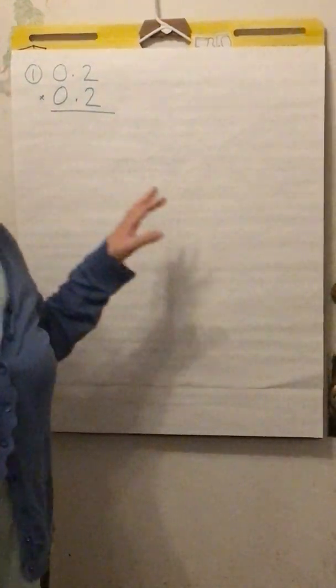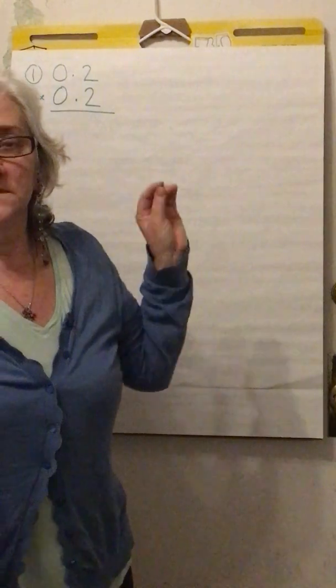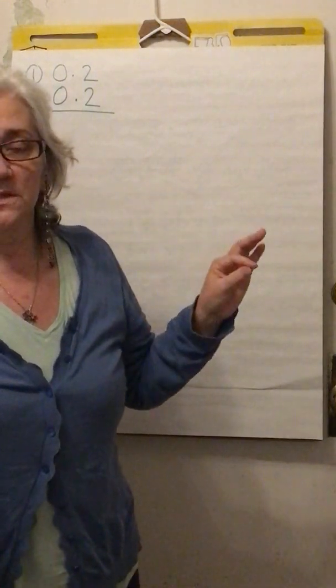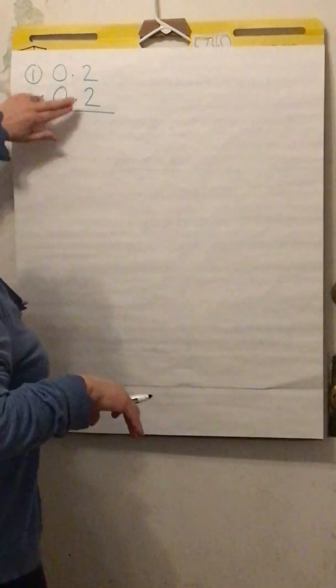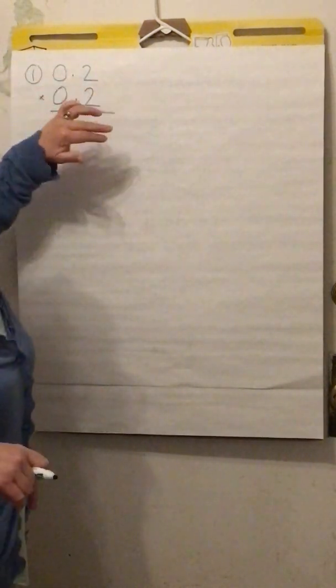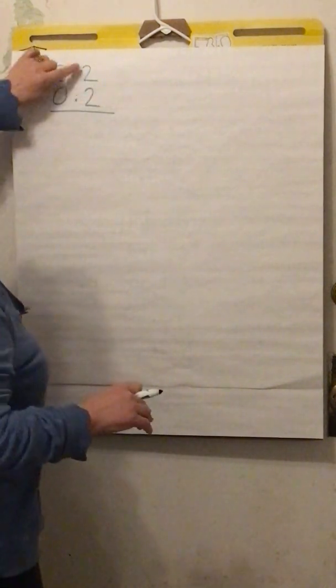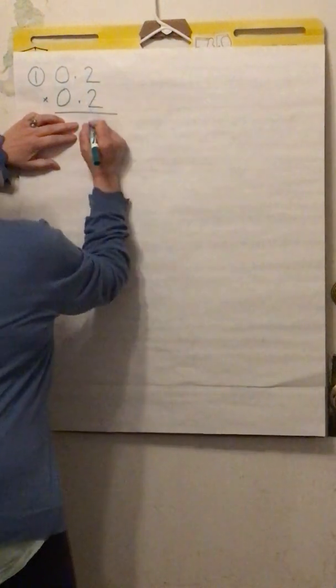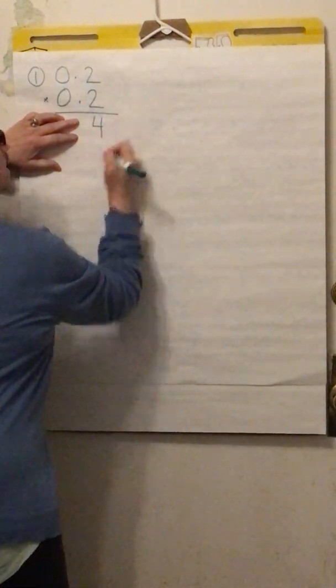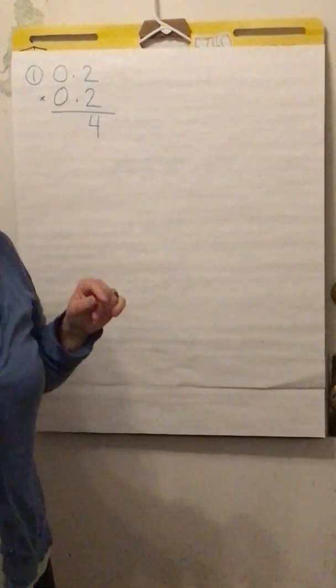So what we do with this type of decimal multiplication is, for a bit, we ignore the zeros. We look at what our regular numerals are, the not zero numerals. In this case, it's 2 times 2. And we know 2 times 2 equals 4.